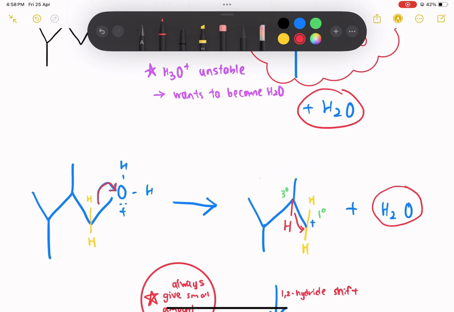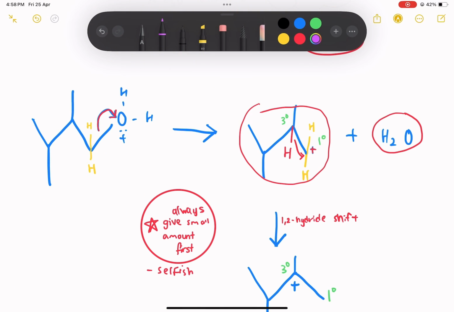Next, this structure will be formed because the bond between C and O breaks and a carbocation ion is formed. And when you see carbocation ion, you must also remember, before you apply Saytzeff's rule, you must also apply another thing called 1,2 hydride shift, or sometimes 1,2 methyl shift.